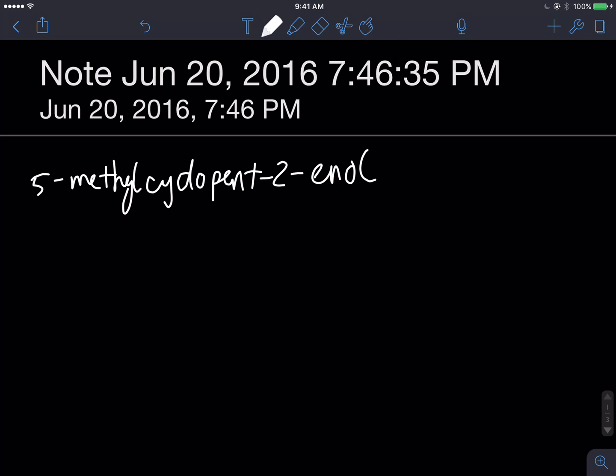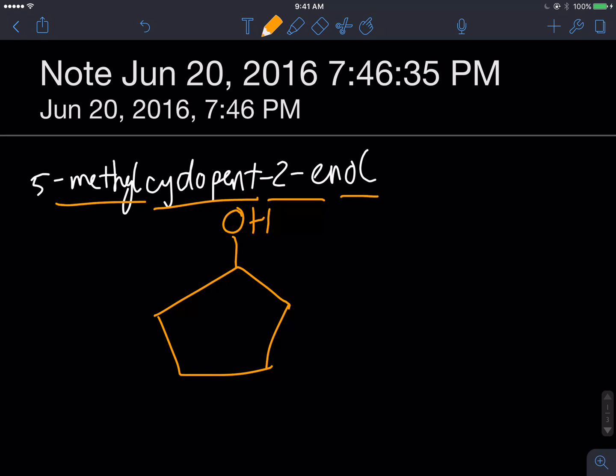Okay, so methyl is a substituent. Cyclopent, so you know this is a 5-carbon ring. 2-ene, so the double bond is at the number 2 position. And ol means OH, so OH at number 1, right? So 5-carbon ring, OH at number 1, double bond at number 2, and at 5, that's number 1, 2, 3, 4, 5, methyl. So that's the answer, right? Yeah.